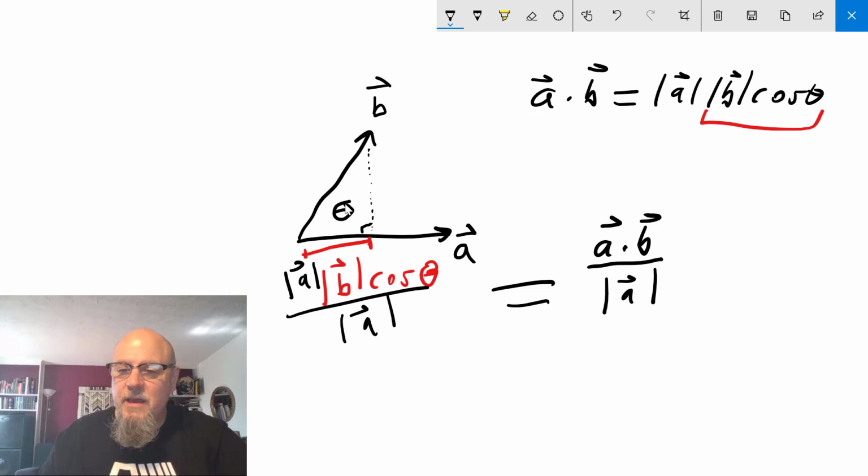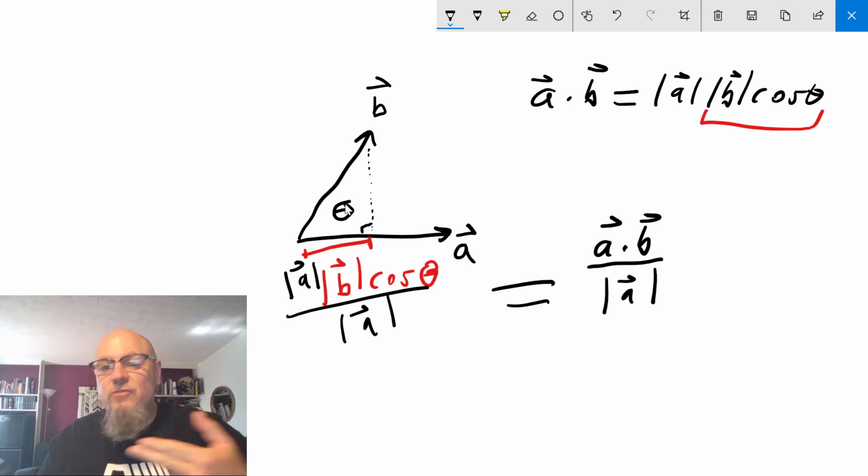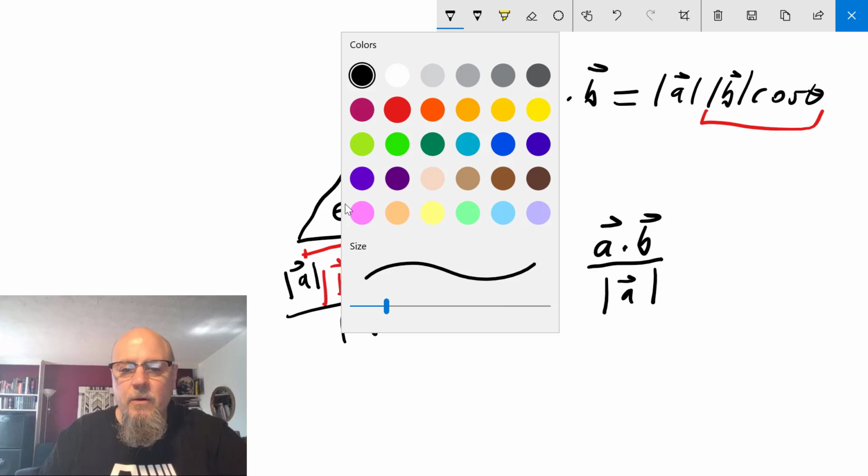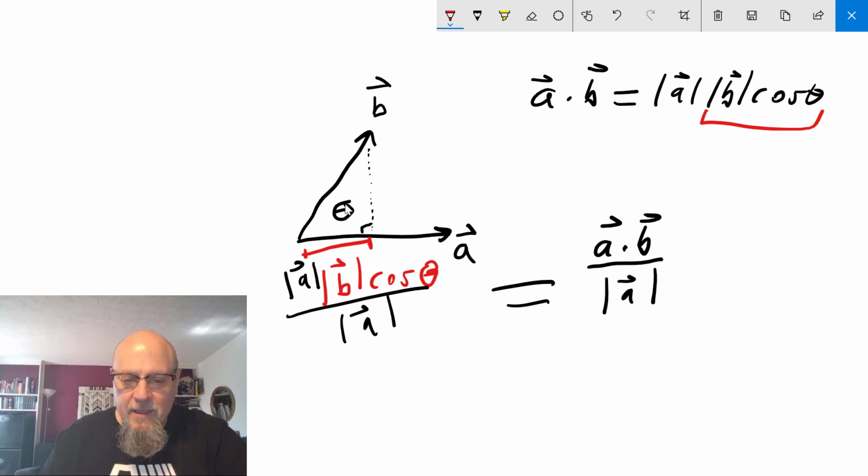And if I want it to be a vector component, then I want it to be this long, but in the direction of A. Since I can move vectors around, I'm trying to make it parallel to that other red line. I already know how long the vector is, I just have to give it a direction.